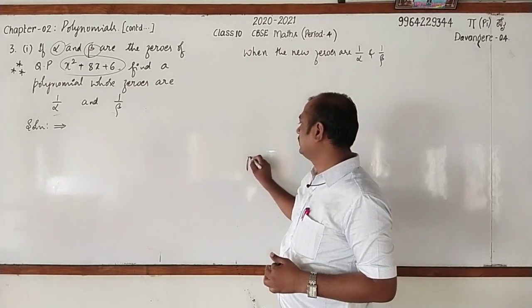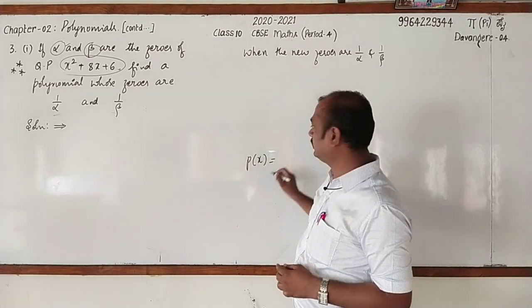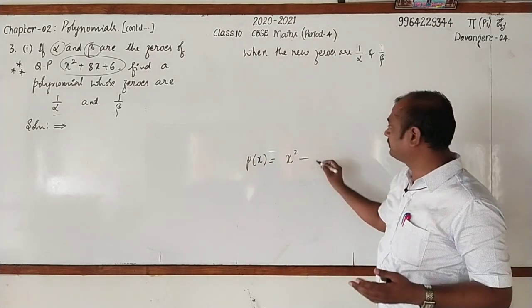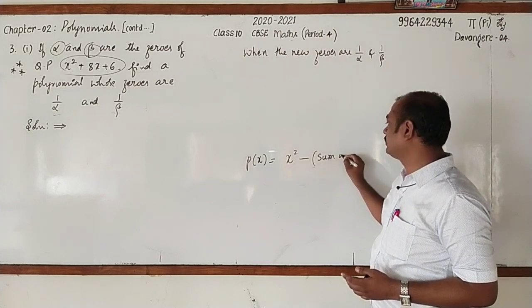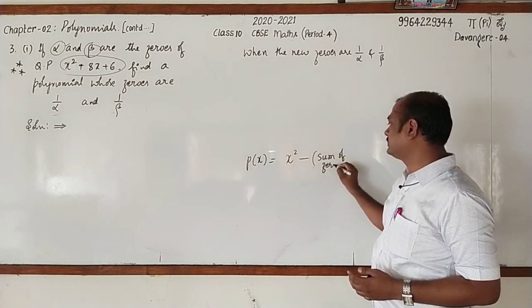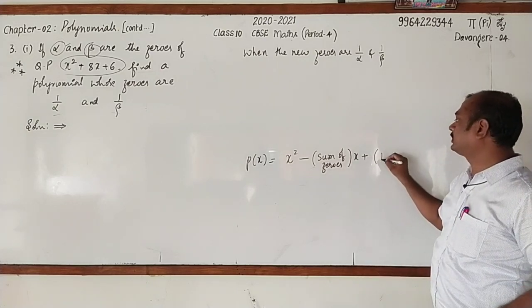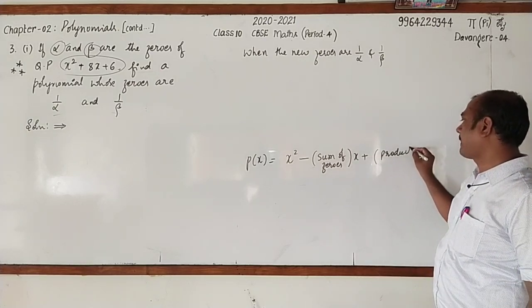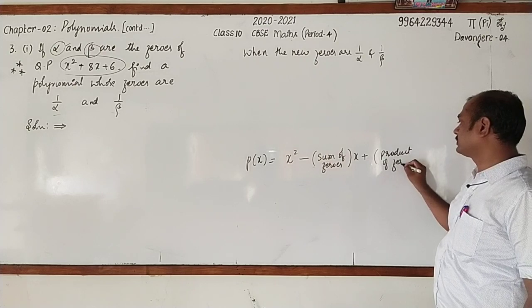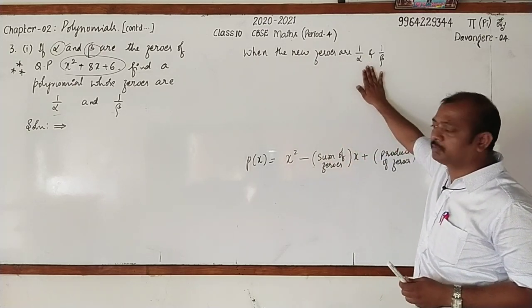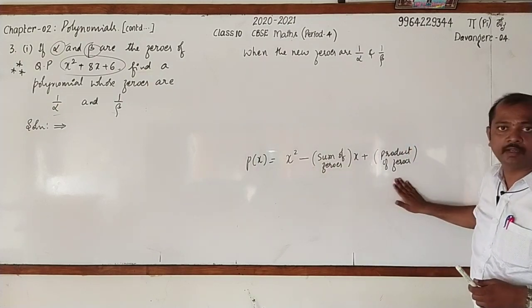How are you going to find it? You will write p of x is equal to x square minus of alpha plus beta, nothing but sum of zeros, right? Sum of zeros into x plus product of zeros. That means when new zeros are given, we have to form a new polynomial.